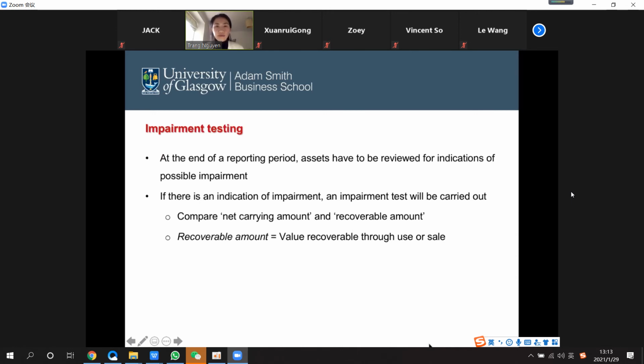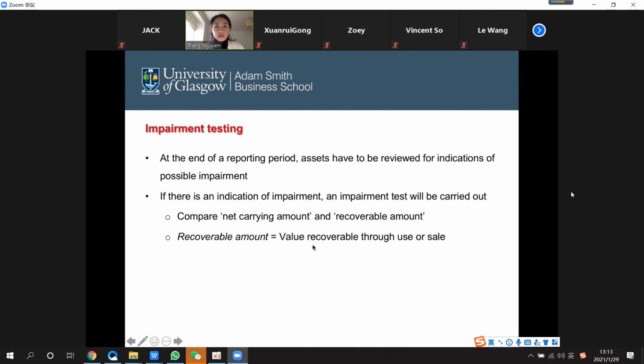For example, we buy lots of inventory, but then something happens to the inventories and they are destroyed, and the value decreases. The value when we bought them compared with the current price is different, and at that time we need to record impairment.